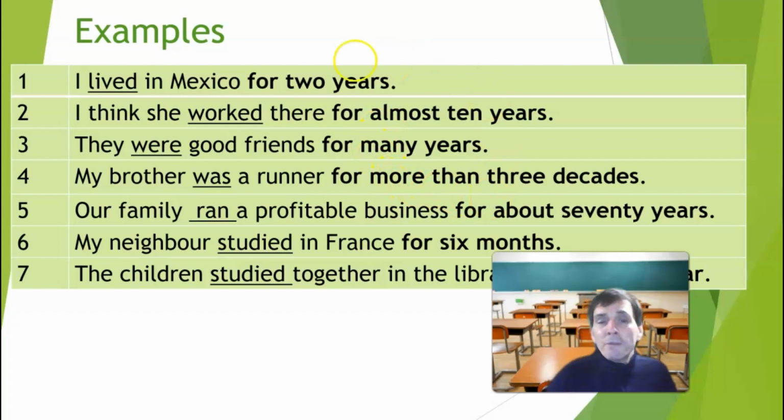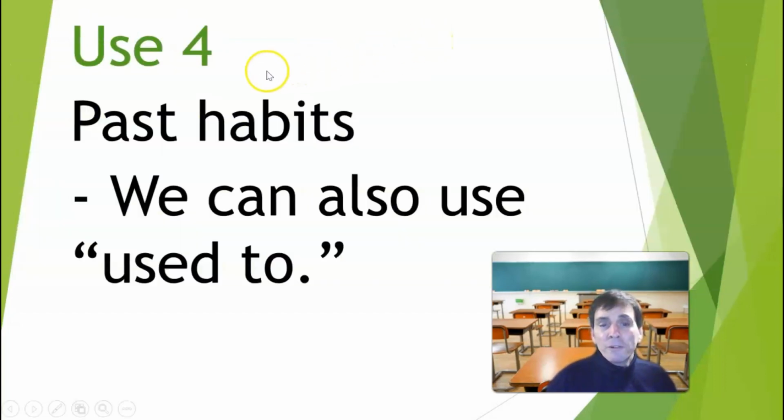Oh, the other thing to remember is that these time expressions all begin with the word for. Okay, everyone, so let's move on to use number 4 to talk about our past habits.